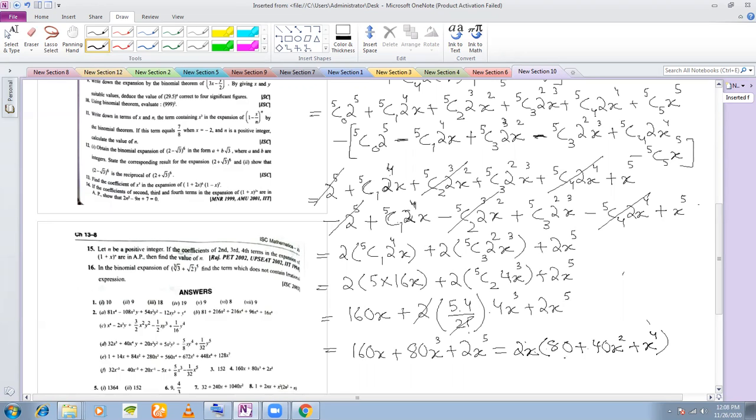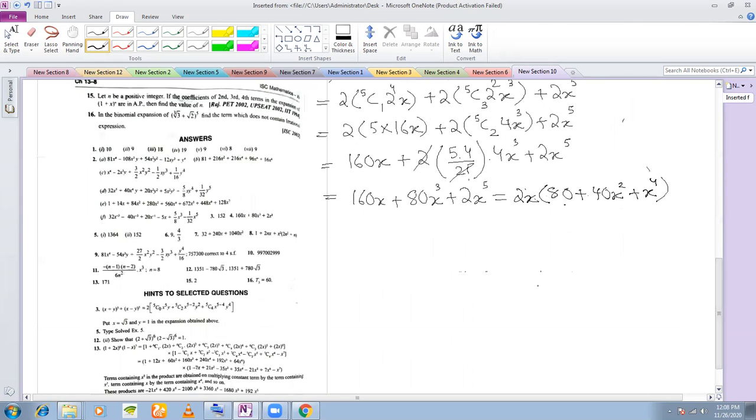Okay, let us now do another problem, number 8 here. Number 8 here is: expand 1 plus 2x plus 3x square whole to the power of n in a series of ascending powers of x.